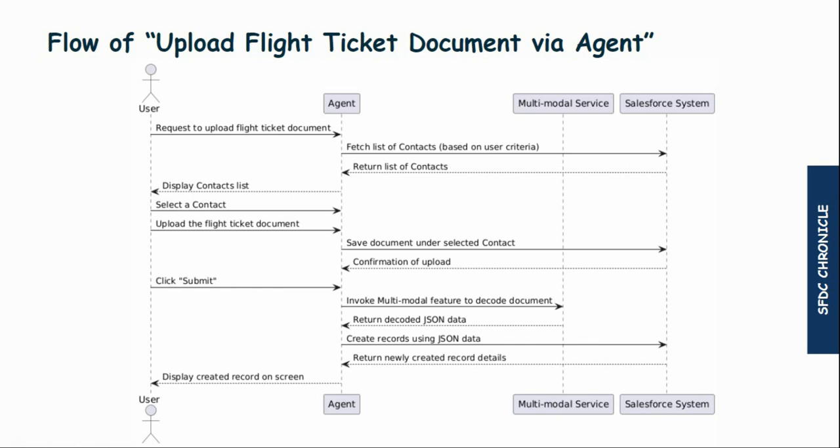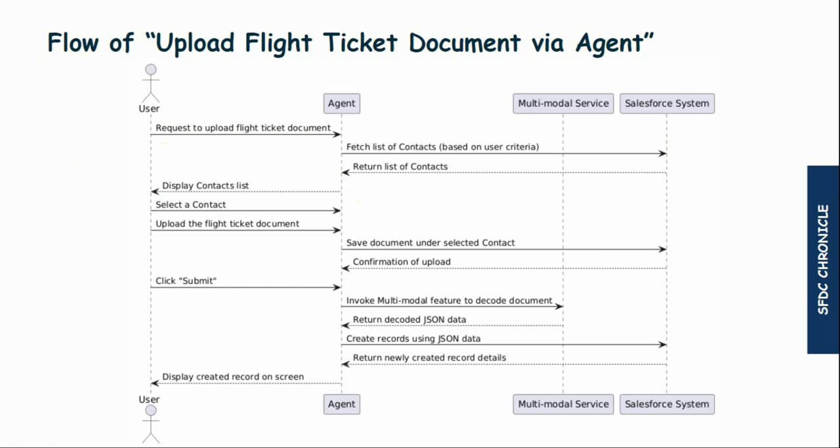Now, today we are not going to achieve all the steps of this mini project. Rather, we will focus today on the final output that I am going to show you, and the very first part: once the user asks the agent that they want to upload a flight ticket, it will fetch the list of contacts, return the list of contacts, and the list of contacts will get displayed in the AgentForce chat window.